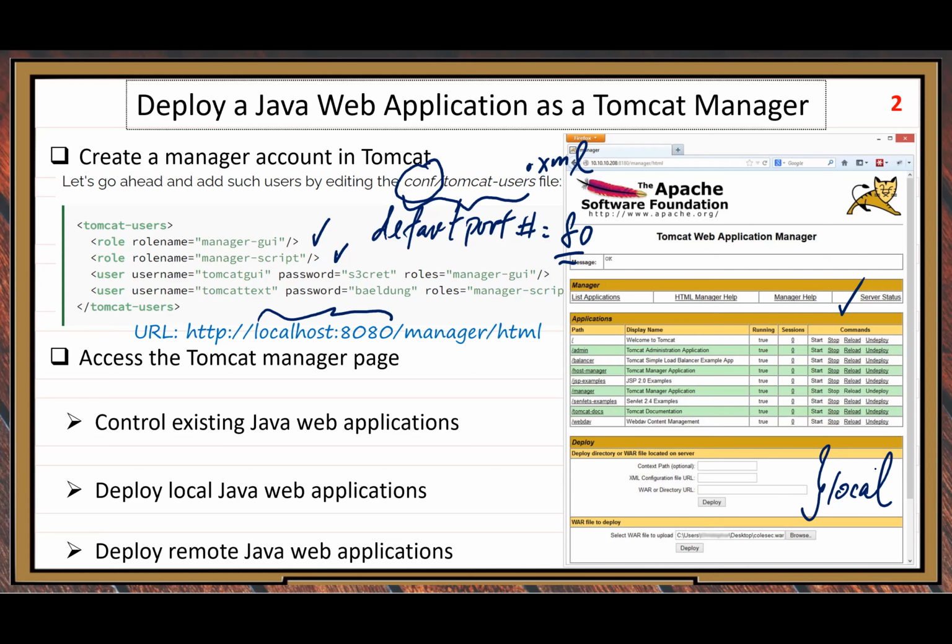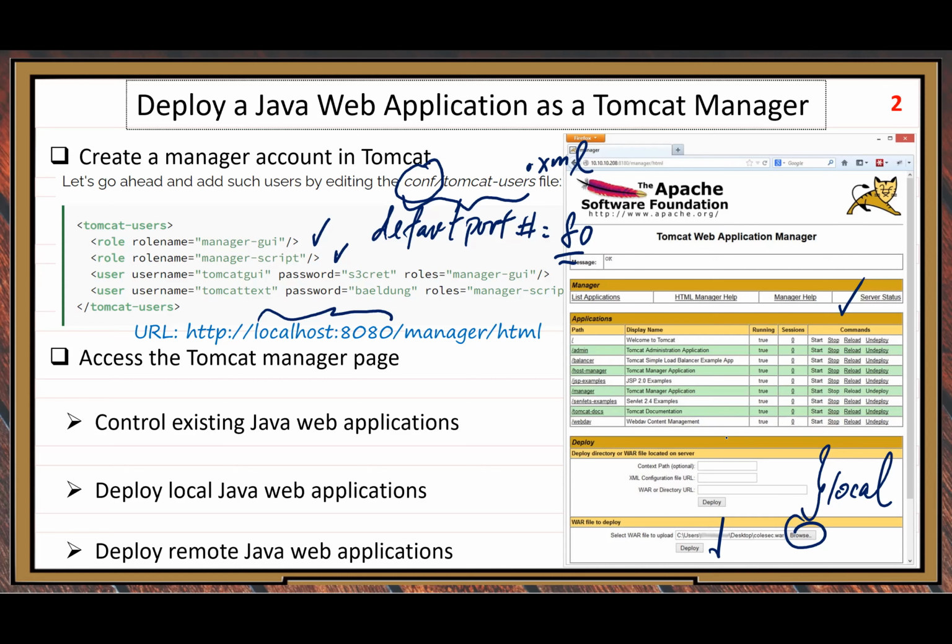Click the browse button, then you have a chance to find your WAR file on your local machine, and upload, then deploy. Another easy way. So that's the basic things.